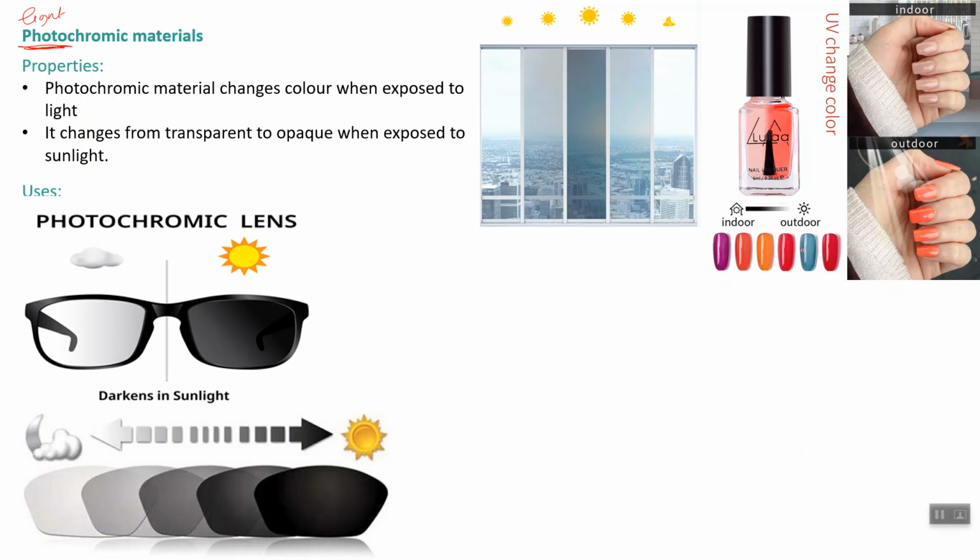So there are nail polish which are photochromic nail polish. For example, indoor, here have nail polish. Indoor, it is of a very pale color, and we come outdoor, it becomes very colorful. Okay, so this is one example of the use of photochromic material.